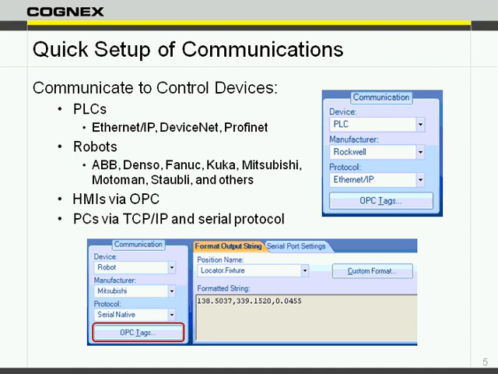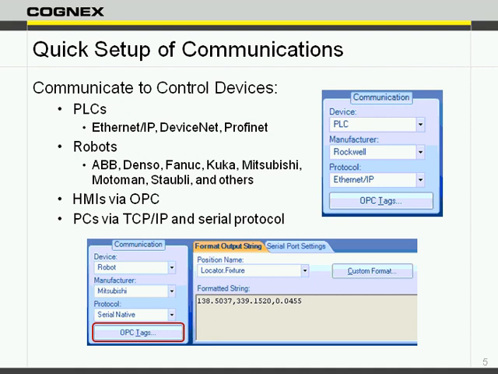And for robots, there are 7 different manufacturers listed there. I won't read all of them to you. And again, you can also use HMI via the OPC server that's included in our software. And you can also send the information out generically over TCP/IP or serial.